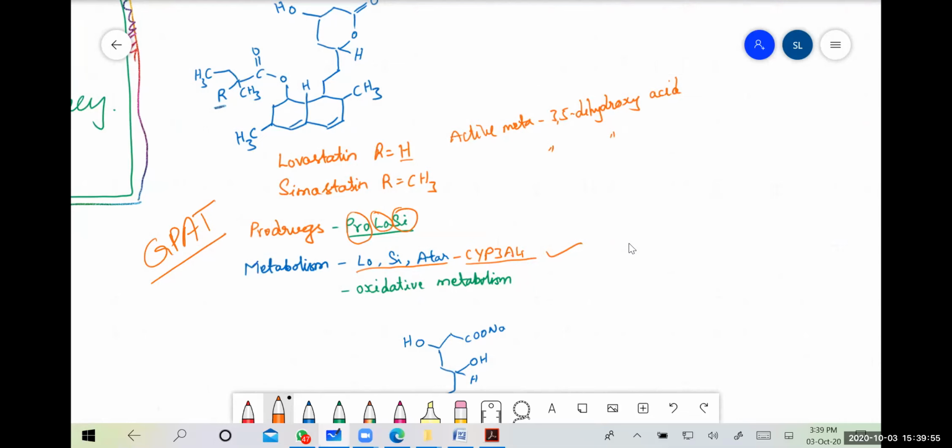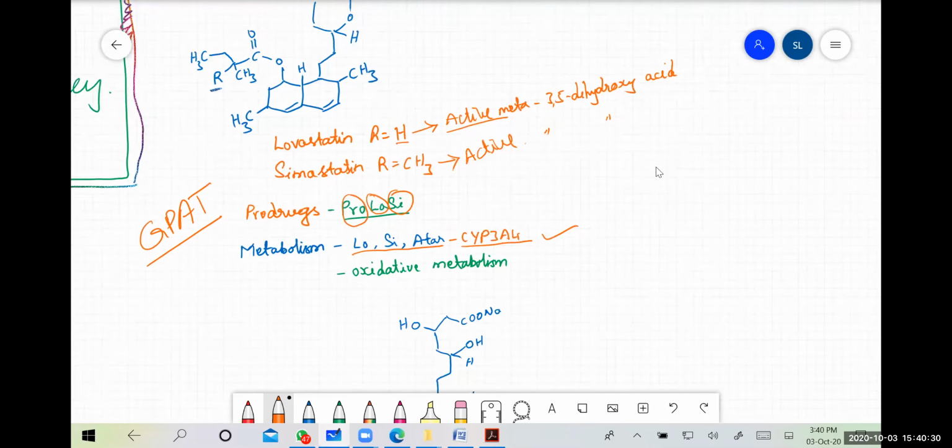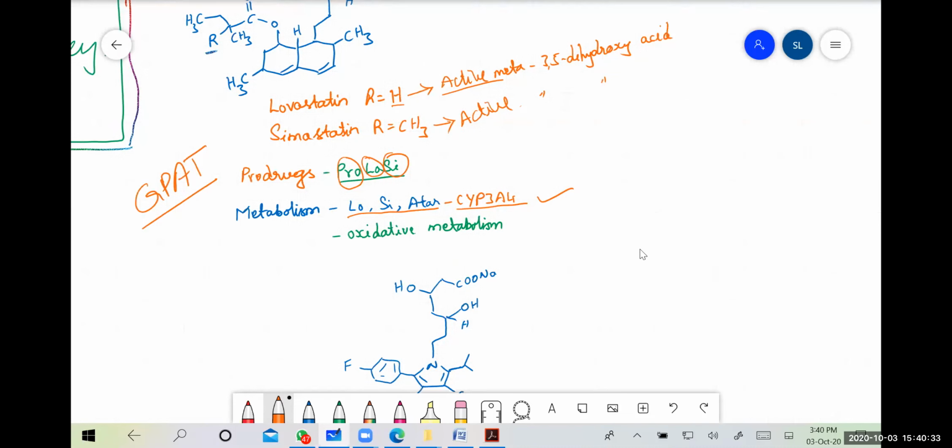The metabolite of lovastatin is a 3,5-dihydroxy acid derivative, which is also active as the parent compound. The metabolite of simvastatin is also a 3,5-dihydroxy acid derivative, and it is also active. So they still have the HMG-CoA reductase inhibitor activity.